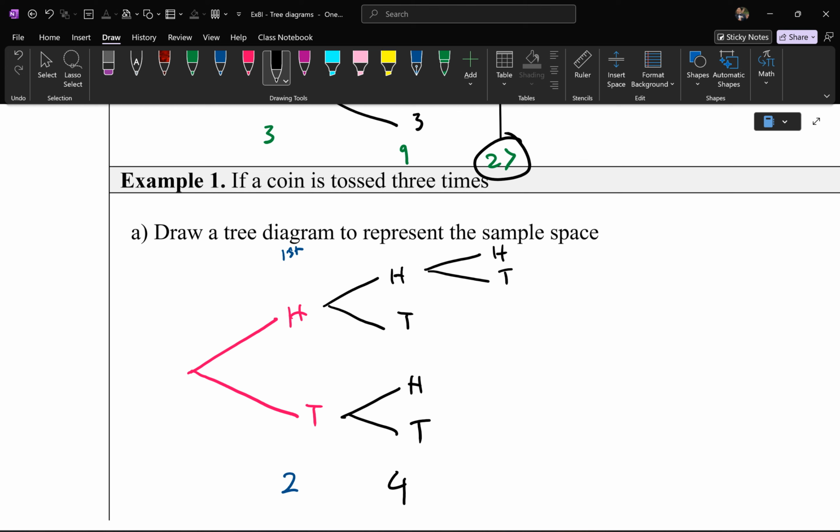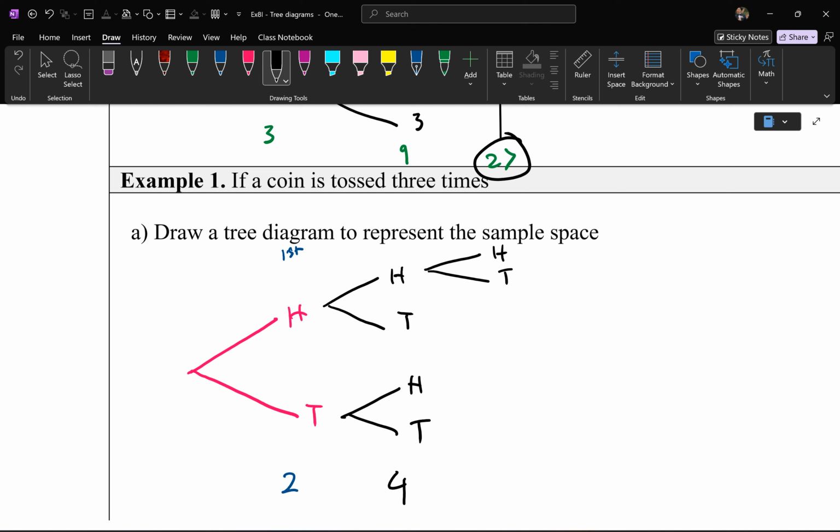What would the answer be? How many total options are there? Let's go with Charlie. How many do you think would we end up with? Yeah, and what does that give you? 8. Very good. So 2 times 2 is 4, and then 4 times 2, or double 2, gives you 8.